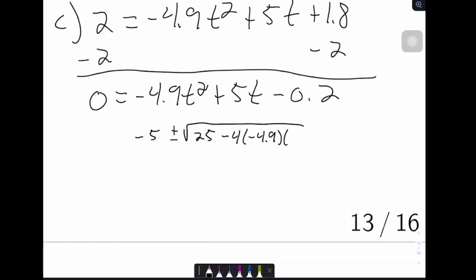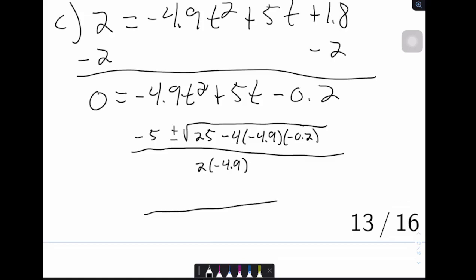Okay, which gives us, plugging in there, a negative 0.2. I was thinking about that for a second. I thought too long. Forget about it. Okay, all over 2 times a, which is negative 4.9. Let's see, first off, 2 times 4.9 is, yes, 9.8, which is gravity.